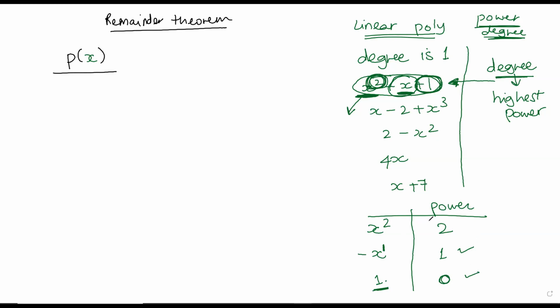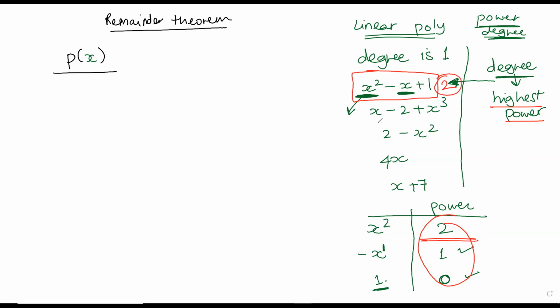Now when we take a look at the first polynomial, what is the degree of this polynomial? Remember, degree is the highest power. What is the highest power from here? 2. So the degree of this polynomial is 2. What is the degree of the second polynomial, Hamna? 3.